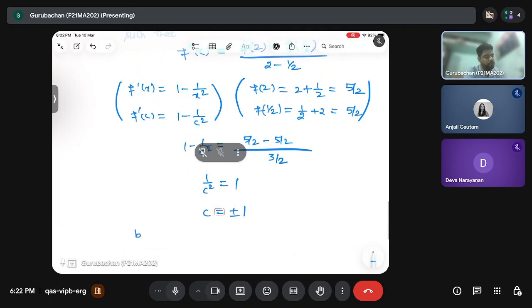But minus 1 does not lie in half to 2. Hence c must be equal to the positive value 1. So is it clear to everybody? Okay. Now let us move to the next question.